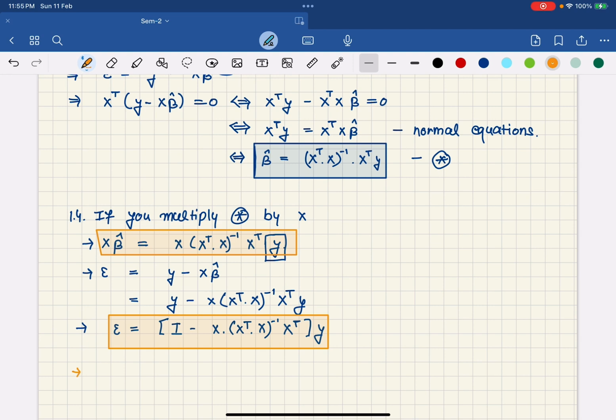So now we can write y as the summation of this equation and this equation.